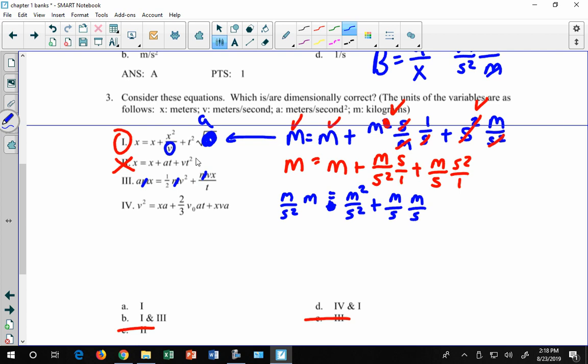So it looks like this one is okay as well, because I have meters squared per second squared in every term. So that tells me that it has to be B is the answer.